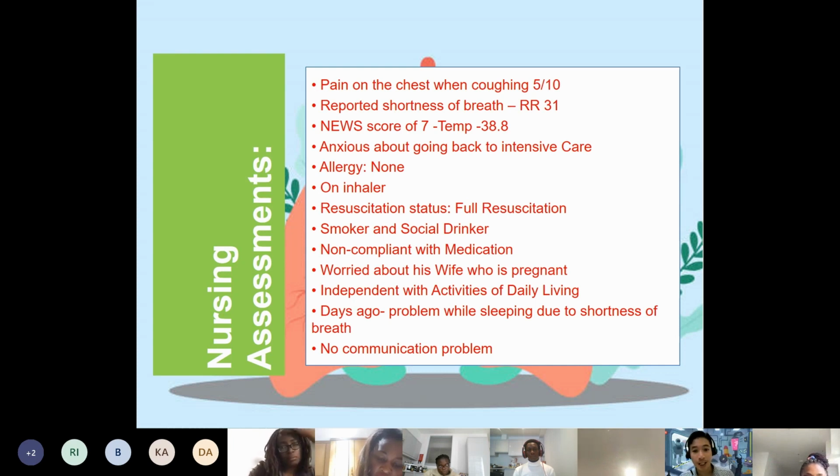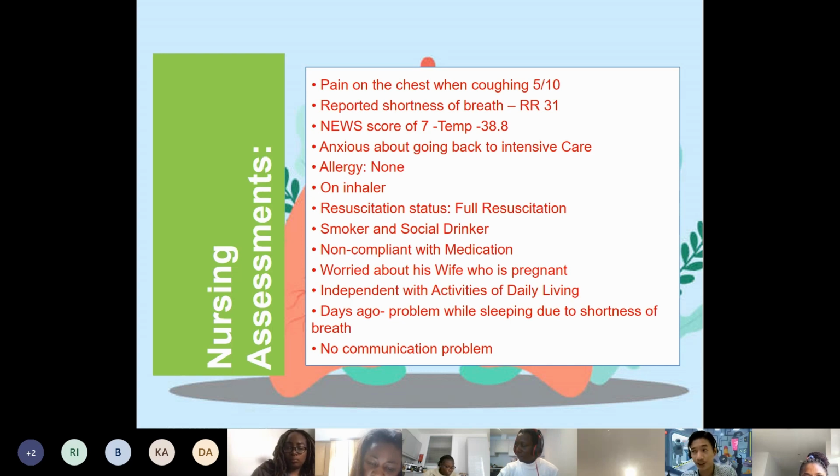The temperature is 38.8, so John is also experiencing fever. He's febrile. John is also anxious about going back to ICU. Another one is John doesn't have any allergies. He is on an inhaler. He is a smoker and a social drinker. He's non-compliant with medication. He is worried about his wife who is pregnant.